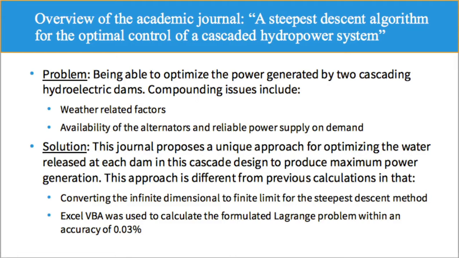They create a finite limit to the steepest descent algorithm, as well as using Excel VBA, Visual Basic for Applications, which is basically just like Microsoft Excel. It's going to help you solve some of these Lagrange problems, which are going to require multiple iterations.